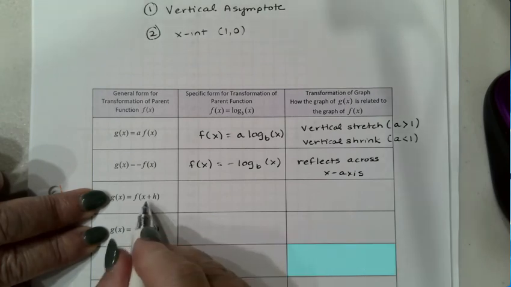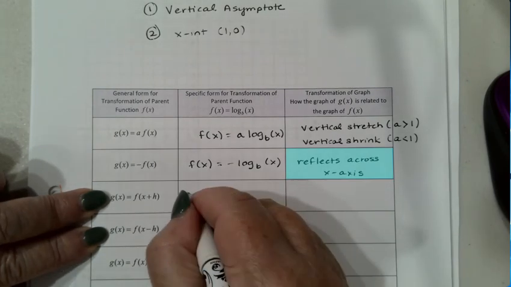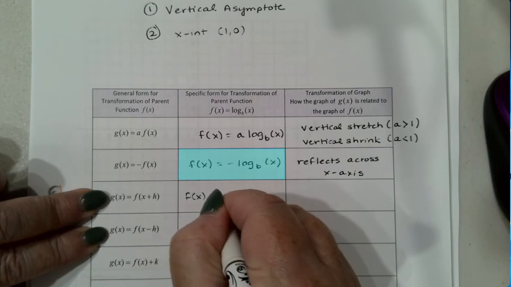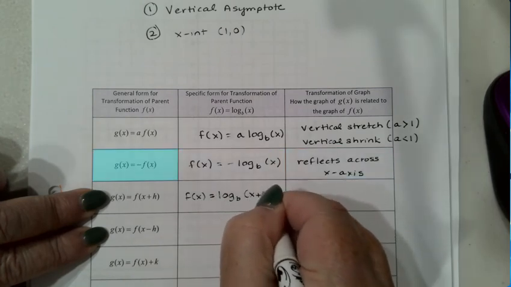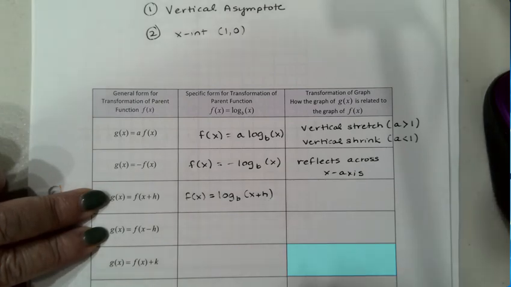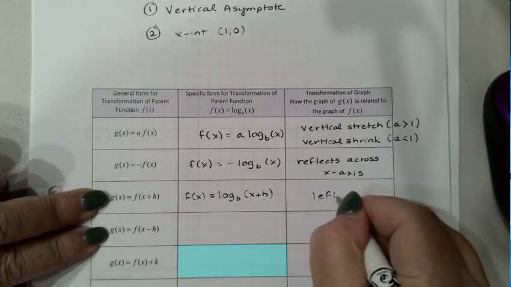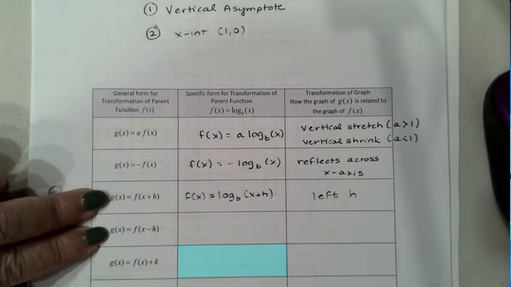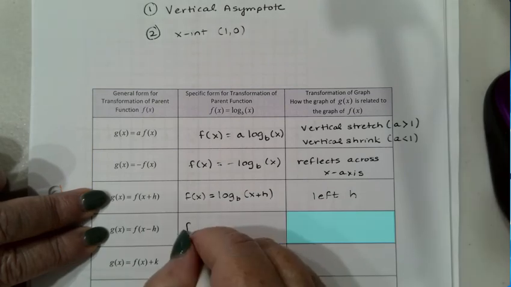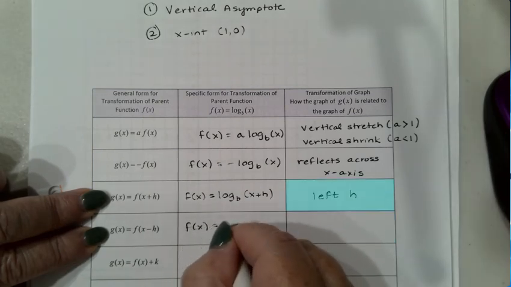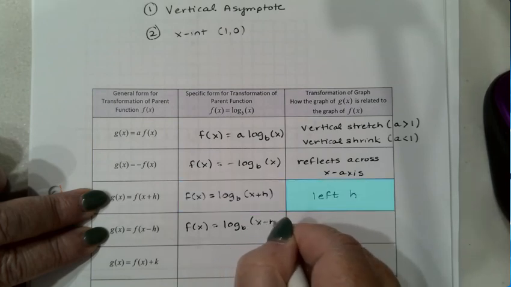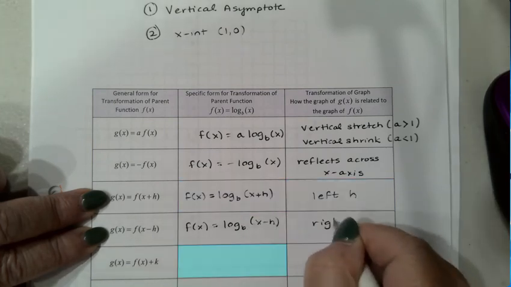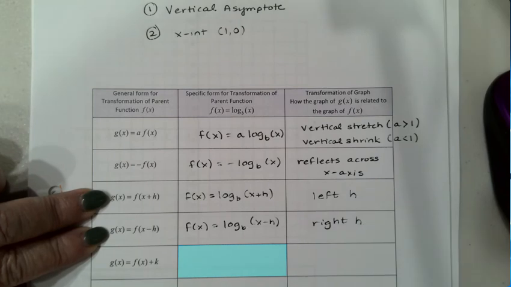If I replace the x with x plus h, so I would have the logarithm base b of x plus h, our graph shifts to the left, h units. And if I replace the x with x minus h, our graph shifts to the right, h units.